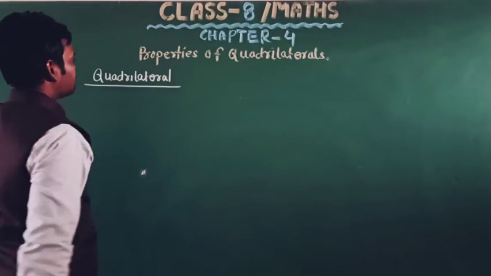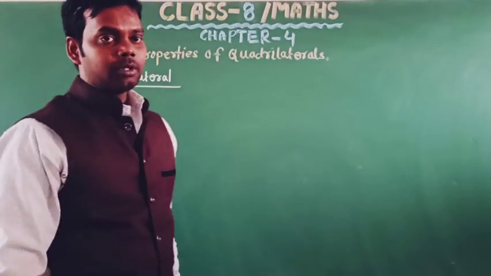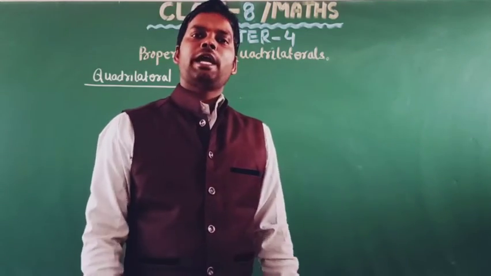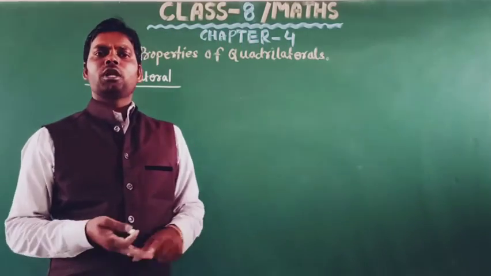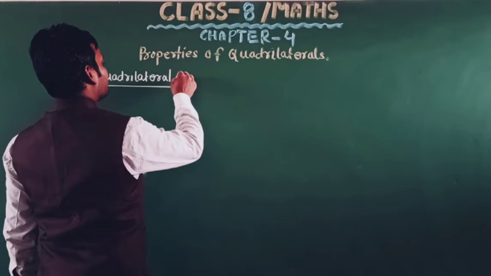A quadrilateral is a four-sided polygon bounded by four line segments.